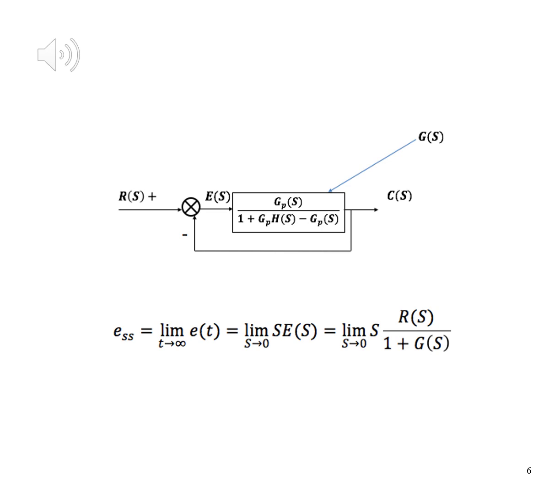Why? Because this error is equal to R of S minus C of S. This system is called a tracking system, because if the error equals 0, the E of S equals 0, this means that the output is exactly equal to the input.